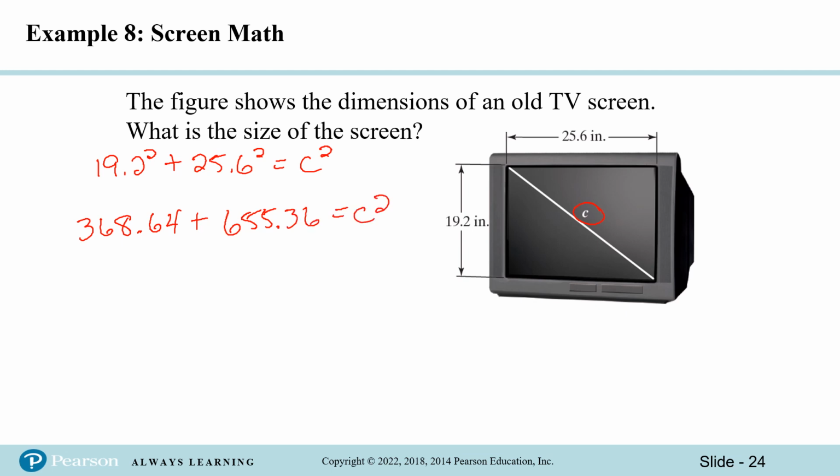We're going to add those together. 1024 is equal to c squared. It's c squared, not c. So in order to find it, we have to square root both sides. Unlike with the square root property where we have to remember the plus or minus, this is a length, which is always going to be positive. So if we take the square root of 1024, we get 32 inches.